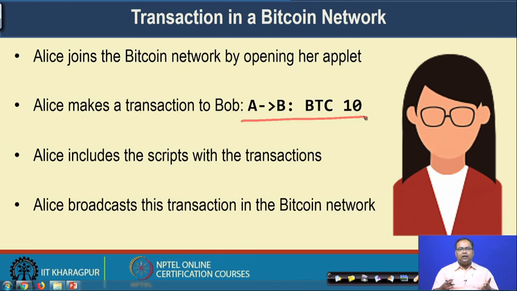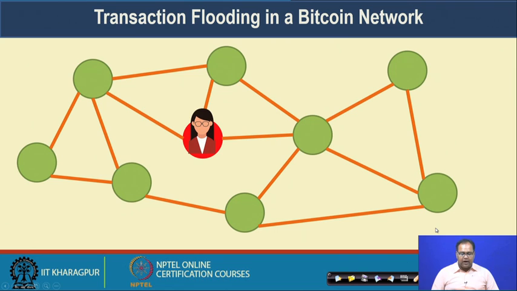And once this transaction message gets constructed, Alice broadcasts this transaction information in the Bitcoin network. So, let us look into the way these things get broadcast. When Alice joins the network, the initial step is to get the most recent copy of the blockchain from the peer neighbors.